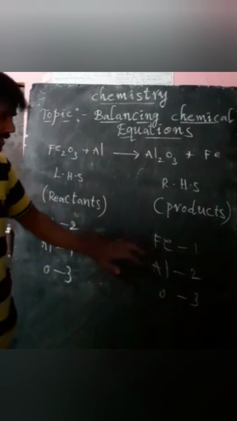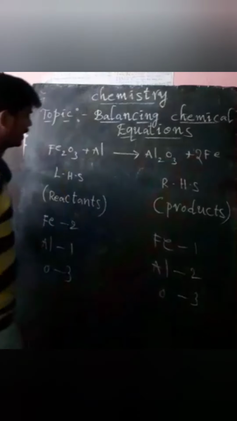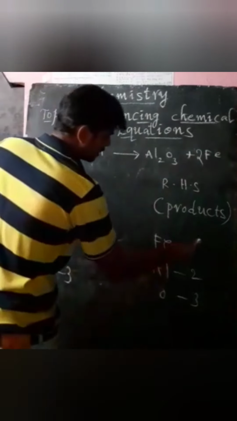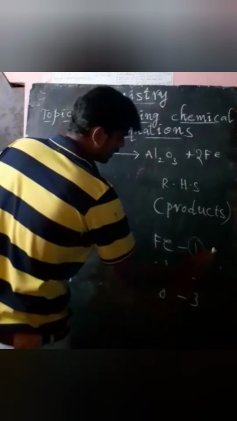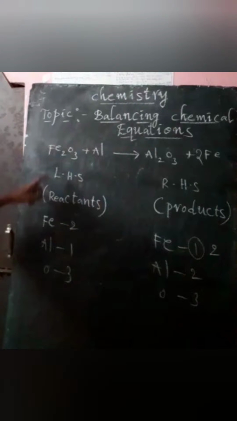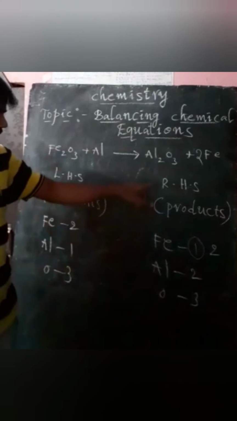So when you see the number of atoms on both sides, the number of iron atoms on the LHS side is 2, and on the RHS side is 1. So if I put 2 here, now the number of iron atoms on both sides is the same. On the RHS side the number of iron atoms is now 2. Next aluminium atoms, LHS side 1 and RHS side 2.